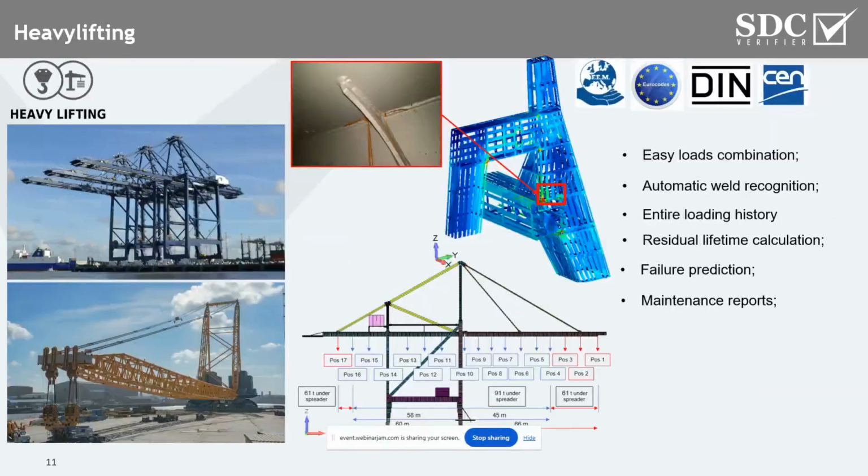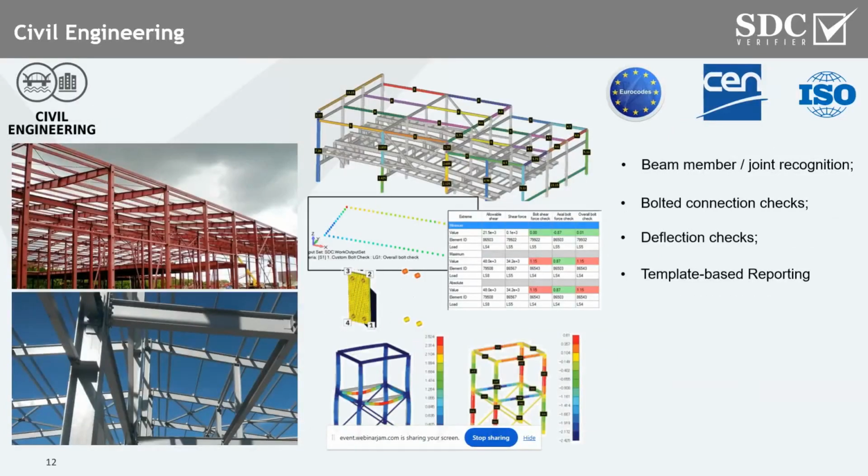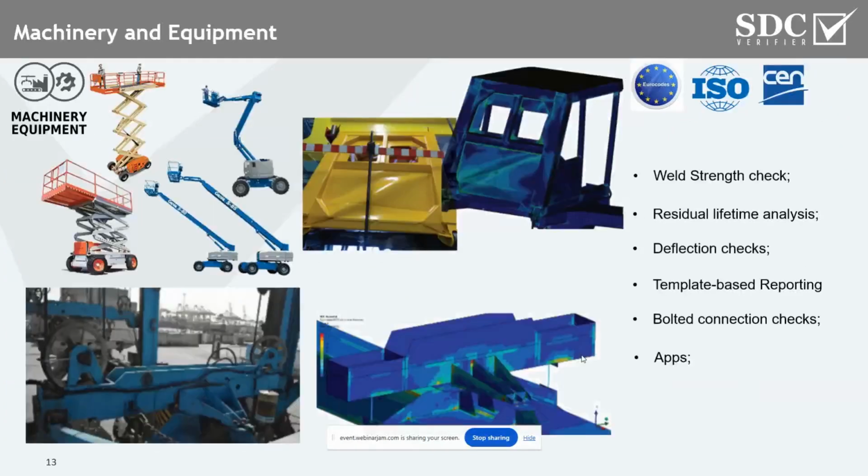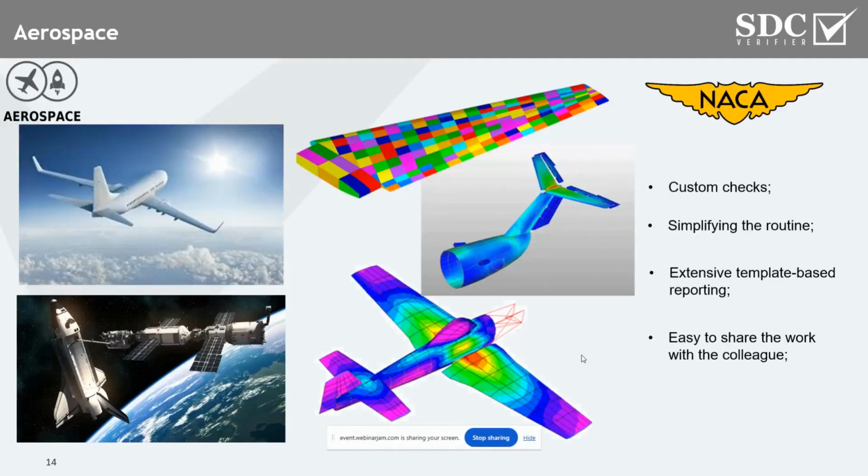For heavy lifting, the remaining lifetime is a key point and the main focus when checking repetitive loads under dynamic influence. Or civil engineering, when you have to follow standard checks according to, for example, Eurocode or EN standards. Machinery and equipment can be covered as well as the aerospace industry.